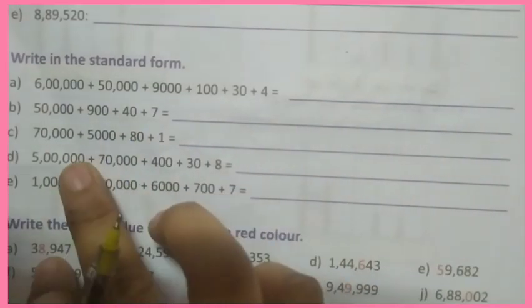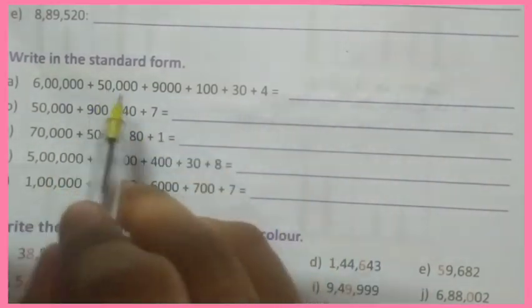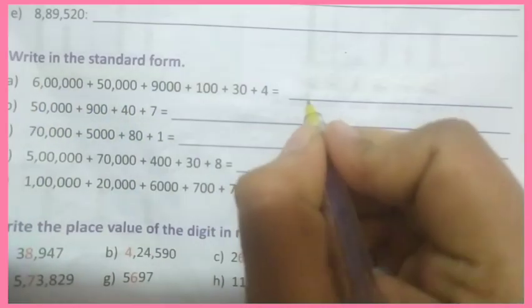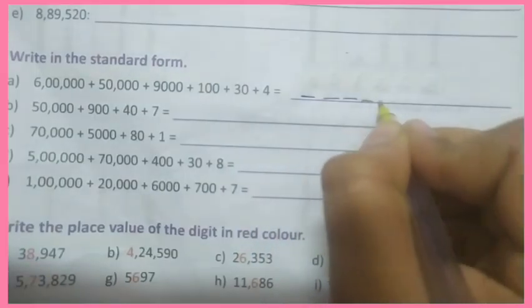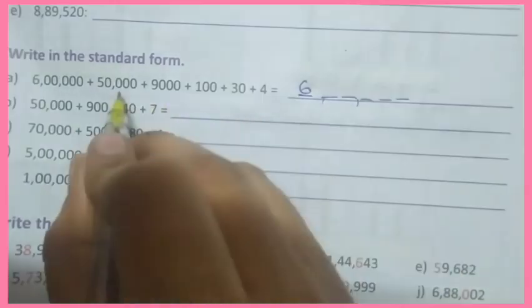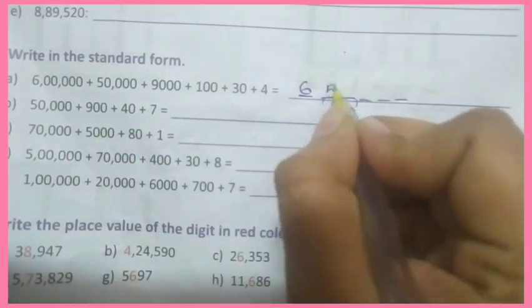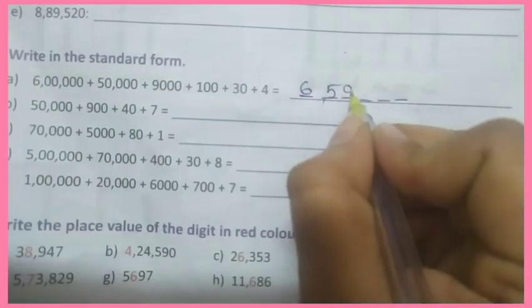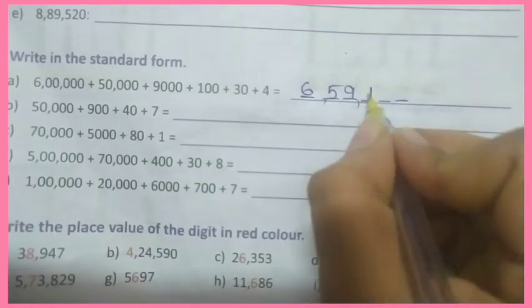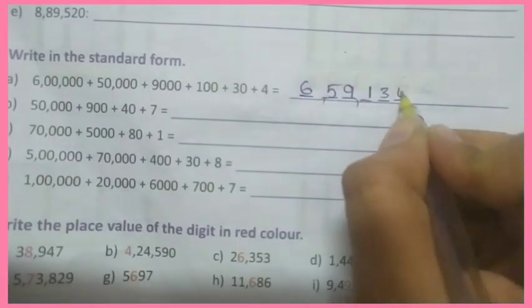Write in standard form. For expanded form only, we have to write in standard form. 6 lakhs is given, so it is a 6-digit number. 6 lakhs, 50,000, 9,000, 9 in 1,000, 100, 134.